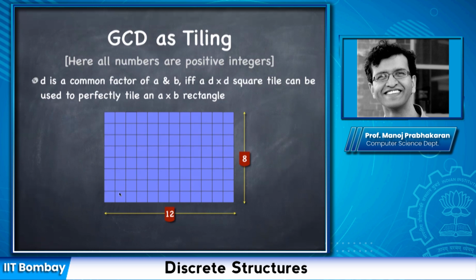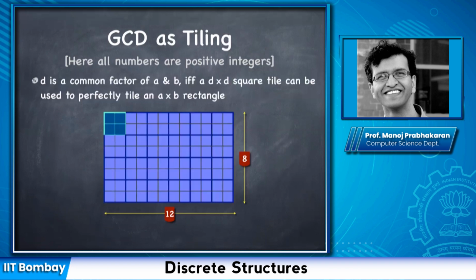So I'll be able to tile row by row and fill every row exactly, and then also the columns will line up exactly. So that's what a common divisor is. It's the size of a square tile which can perfectly tile this A by B rectangle. And GCD then is the largest such tile.